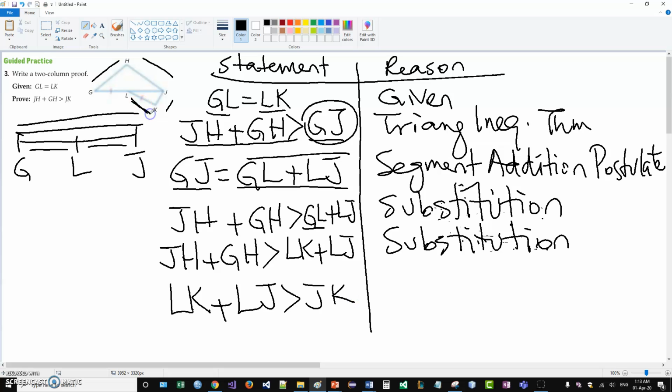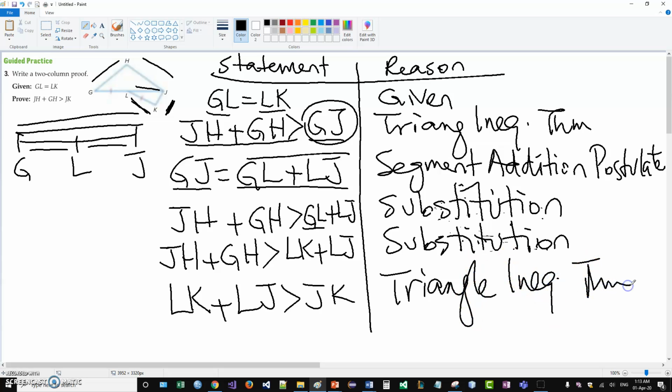So LK plus LJ greater than JK. And the reason for that is the Triangle Inequality Theorem.